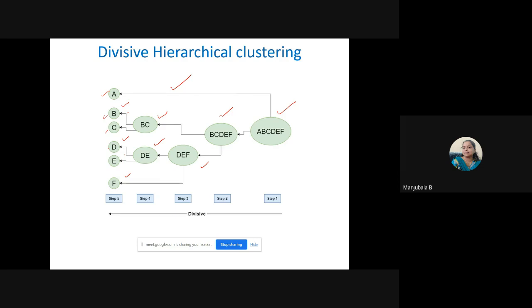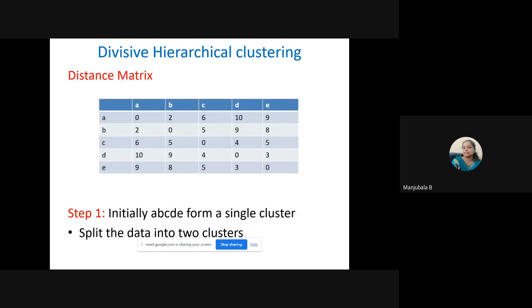So how do we do this? If you have n data points, using the Euclidean distance, how do you find the clusters? Here also it's a small example having 5 points A, B, C, D, E, and assume the distance matrix is given here. This is also a symmetric matrix. Initially we assume that all the data points are in a single cluster, so A, B, C, D, E forms a single cluster.